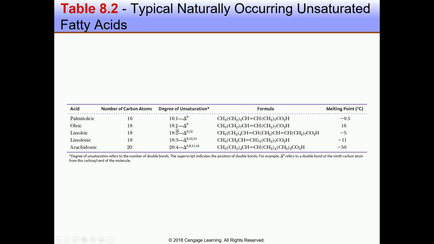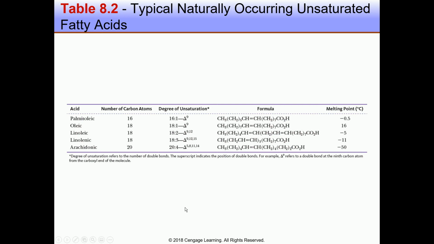Linoleic acid also has 18 carbons, it has two double bonds, and this symbol shows us where the double bond is. Like this symbol refers to a double bond at the 9th carbon atom from the carboxyl end of the molecule. So this tells us the position of the double bonds.